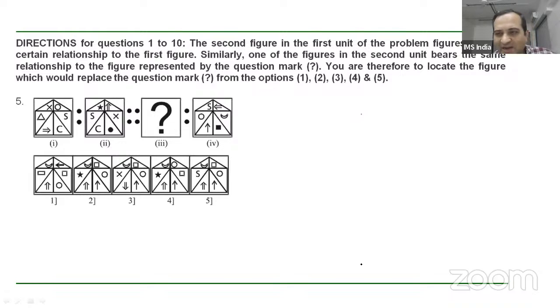I'm still not getting answers from anyone. Is it so difficult? Neeraj, no. No, Neeraj.